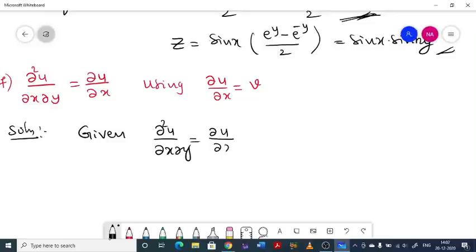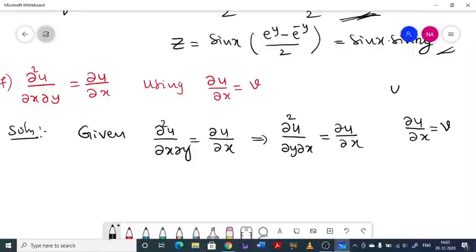See, mixed derivatives are equal whenever the function is continuous. Assuming the function is continuous, using that fact, I can write this as ∂²u/∂y∂x = ∂u/∂x. Keep in mind that it is given ∂u/∂x = v, and here u is a function in two variables, x and y. u is the actual dependent variable.